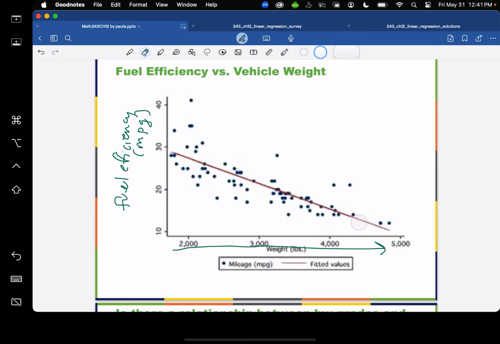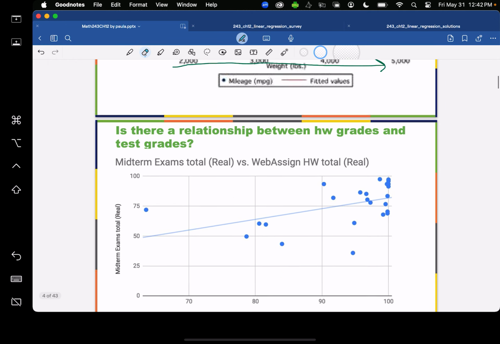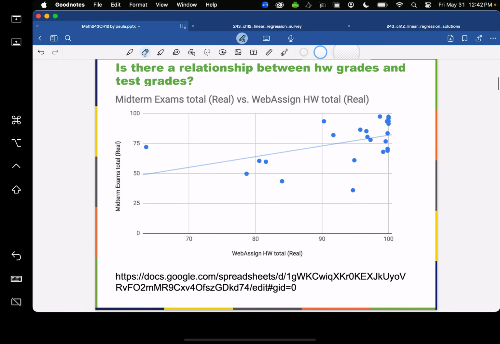I'm going to erase that. The best fit line doesn't perfectly touch all the points, obviously, but it gives us a sense of the overall trend of the points. And so the overall trend is that fuel efficiency decreases as the car gets heavier.